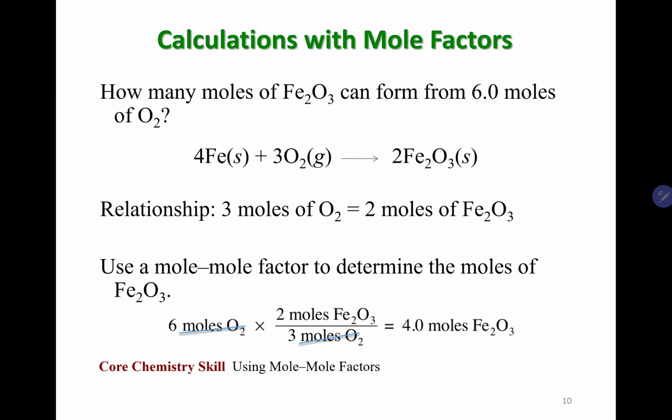discussion in this presentation. Here we are trying to do some calculations with mole factors. Here is a sample calculation. Let's not worry about the answer. Let's take a look at the question that we have in hand. We have a reaction between iron and oxygen forming iron 3 oxide, and we know that in this reaction we have 6 moles of oxygen.